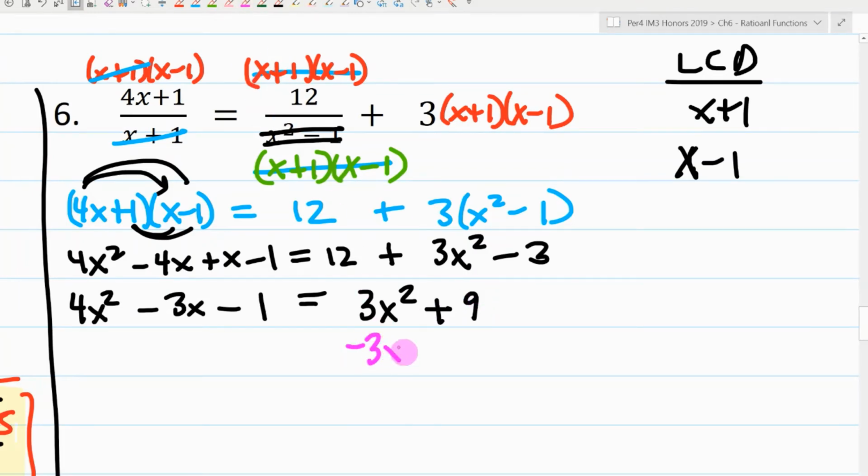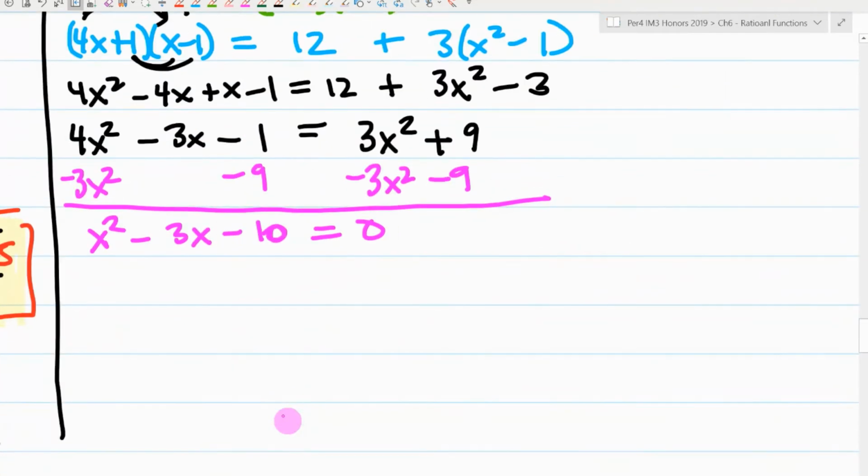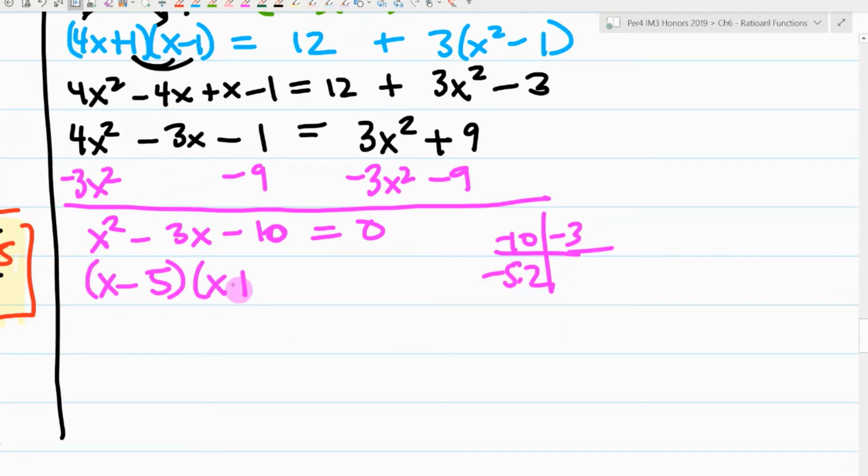So if I subtract 3x squared, subtract 9, we get x squared minus 3x minus 10 is equal to 0. And thank God this one actually factors, negative 10 to get negative 3. It's negative 5 times 2. And then we set it equal to 0. So x equals 5, x equals negative 2.